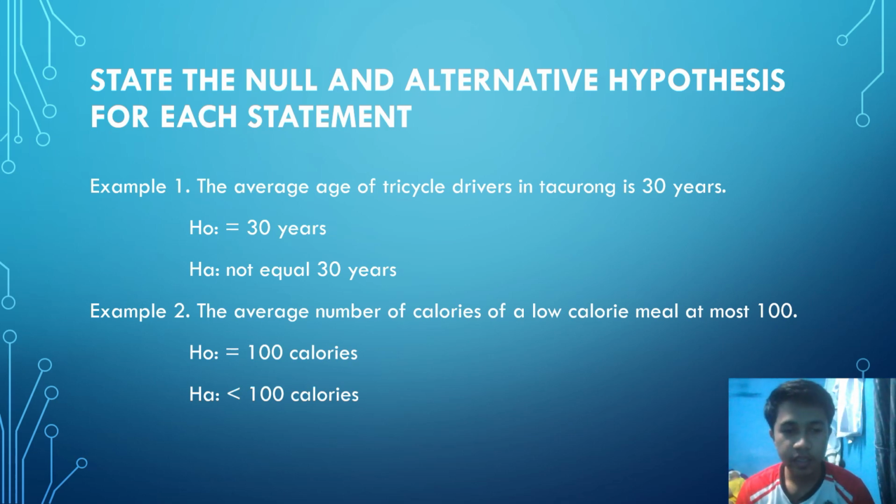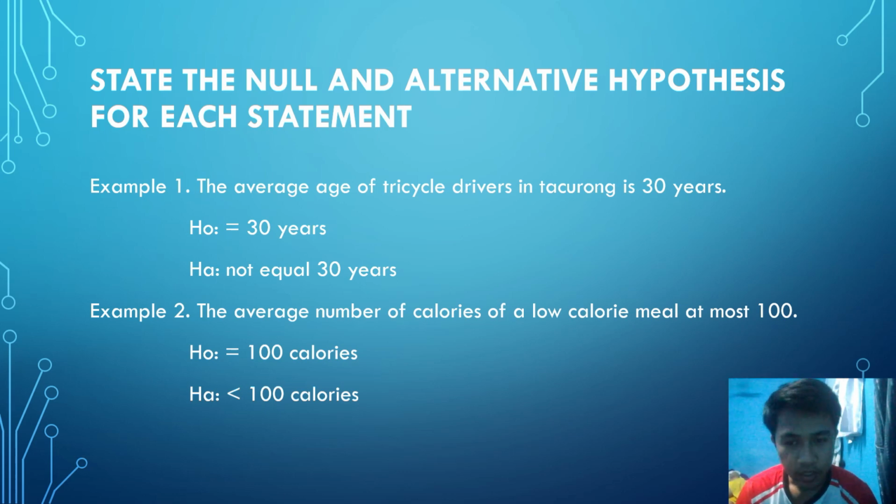We will proceed to example number 2. The average number of calories of a low calorie meal is at most 100. The word that we will use, or the word that means, is "at most."